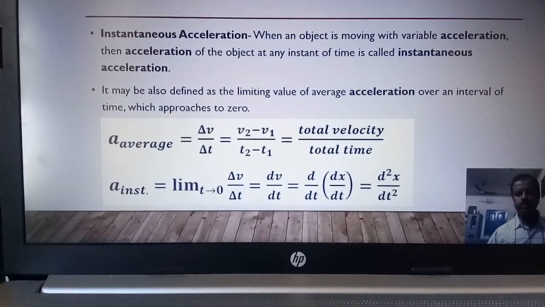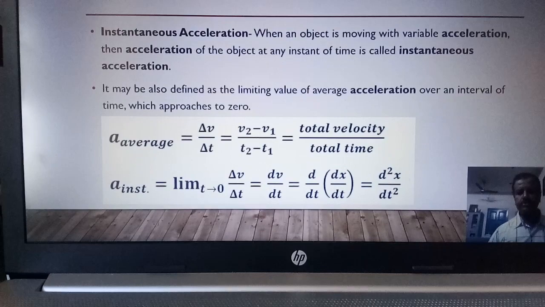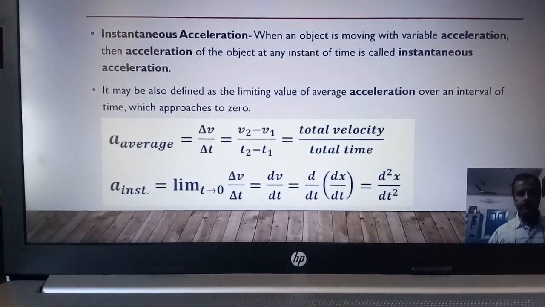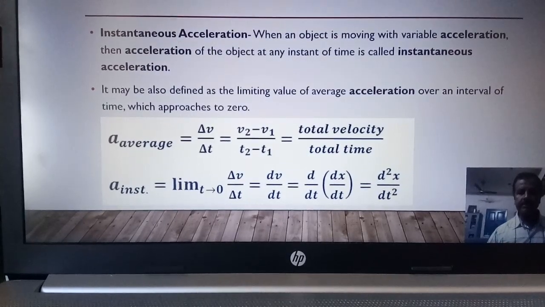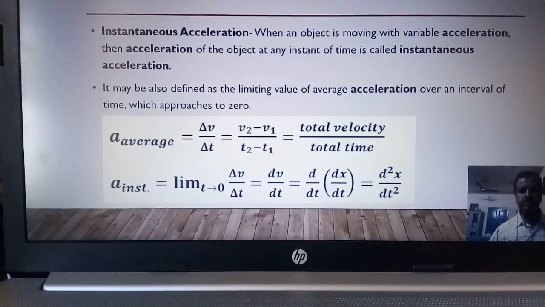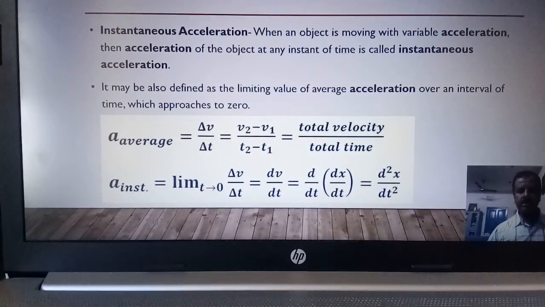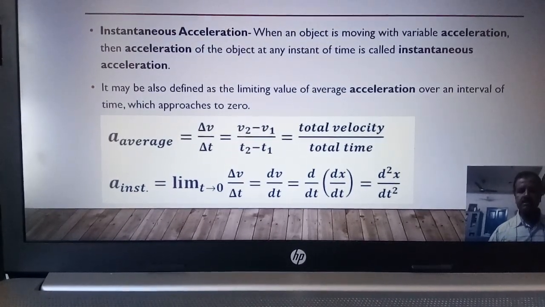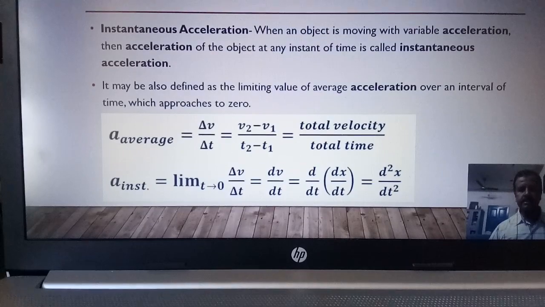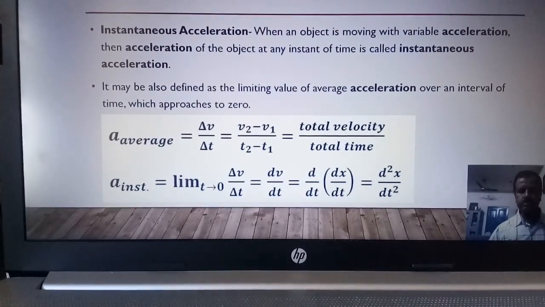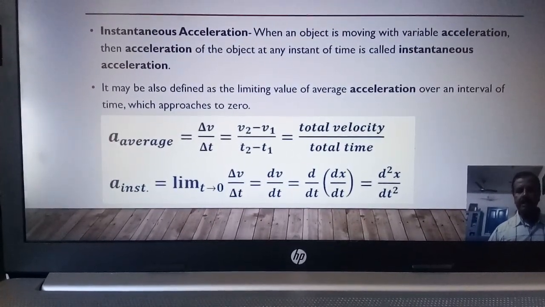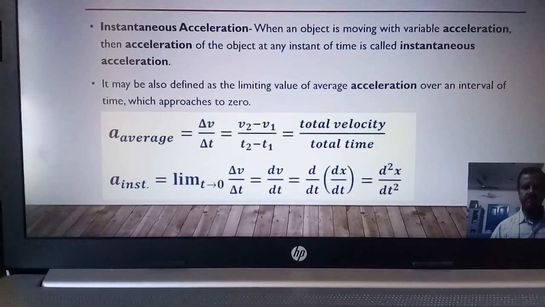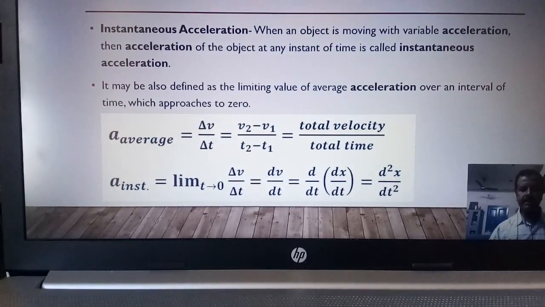So if we take the first derivative of position with respect to time, we get velocity. If we take the second derivative of position with respect to time, d square x by dt square, it gives us instantaneous acceleration. So instantaneous acceleration is also defined as the time rate of change of velocity, dv by dt.